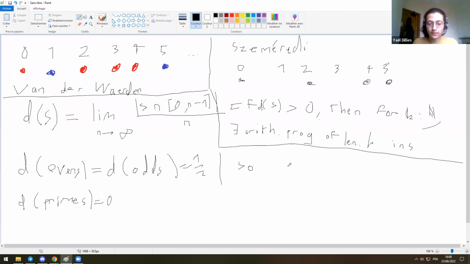This means Szemerédi says that if S has no arithmetic progression, then the size of S, or rather the size of S intersected with 0 to n minus 1, will be little o of n.